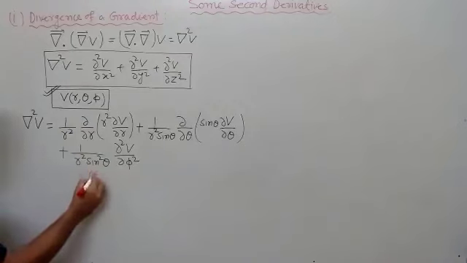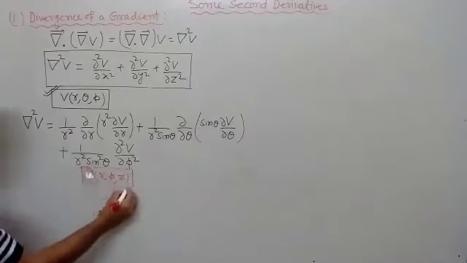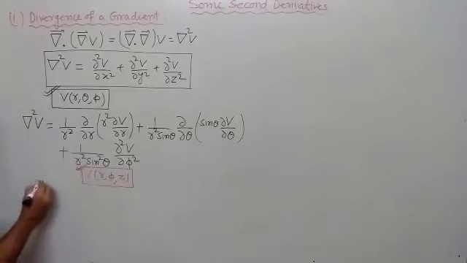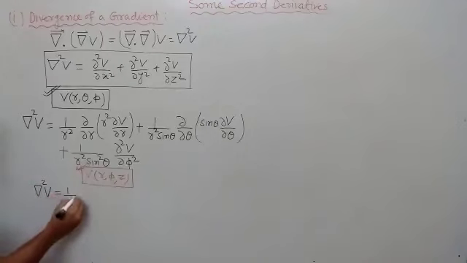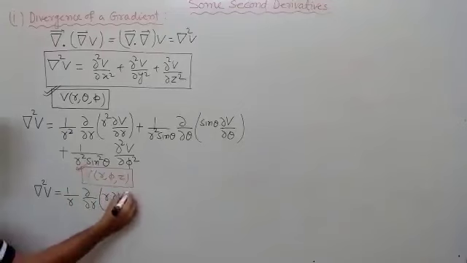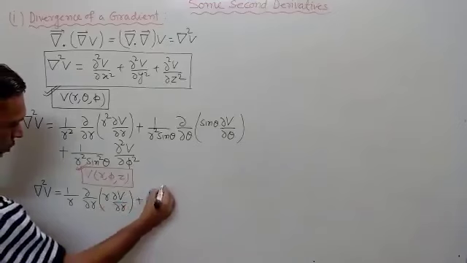We can also find del square V in cylindrical coordinates. So in cylindrical coordinates, del square V is 1 by r del by del r of r into del V by del r, plus 1 by r square.